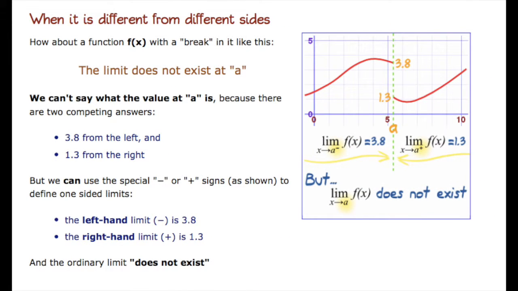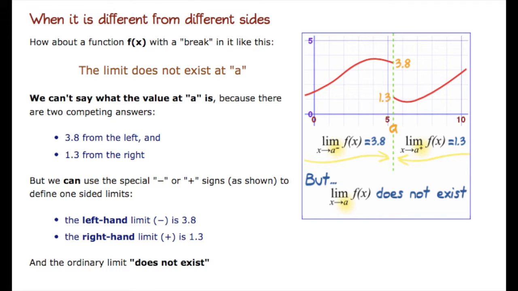When it is different from different sides, how about a function f of x with a break in it like this? The limit does not exist at a. We can't say what the value at a is because there are two competing answers, 3.8 from the left and 1.3 from the right.